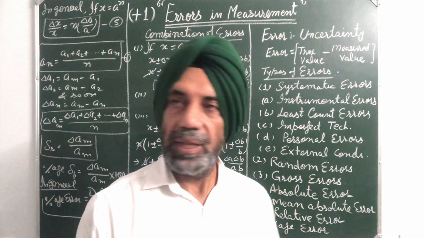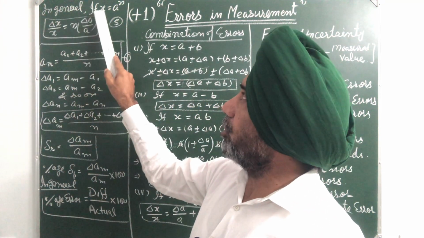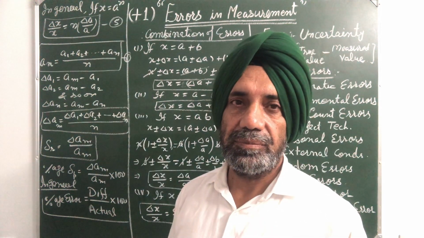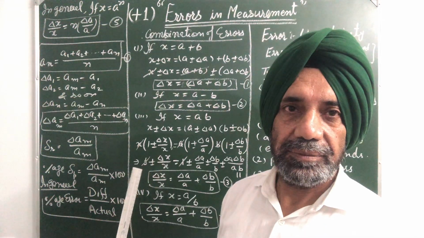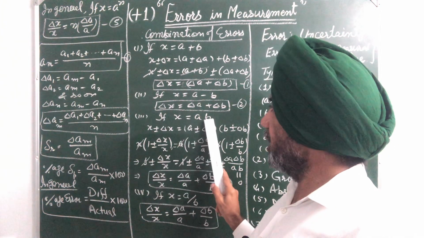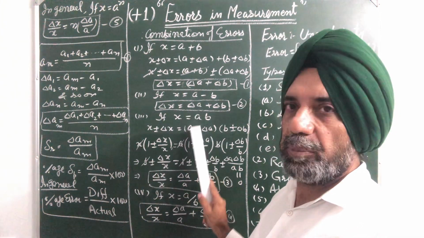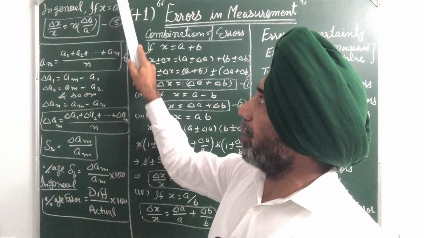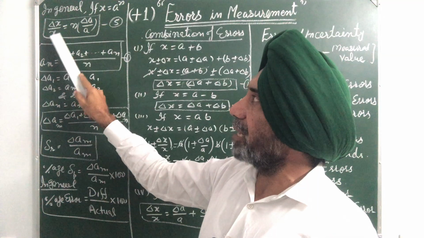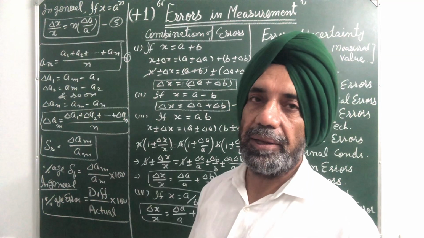So in general, if x is equal to a power n, for example, if x is equal to a square, it will be a into a. As with x equal to a into b, that is delta a upon a plus delta a upon a, that is 2 delta a upon a. So if x is equal to a power n, then delta x upon x will be equal to n delta a upon a.